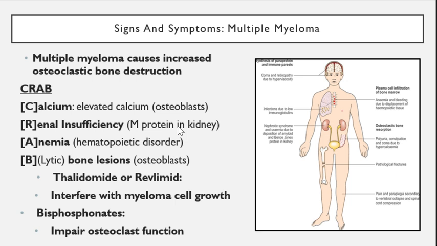And so the best way to remember the signs of multiple myeloma is an acronym, CRAB. You have elevated calcium levels, you have renal insufficiency. What happens is that M protein gets filtered by your kidney, but so much is being produced that it clogs up your kidney, and so you have problems with your kidneys.